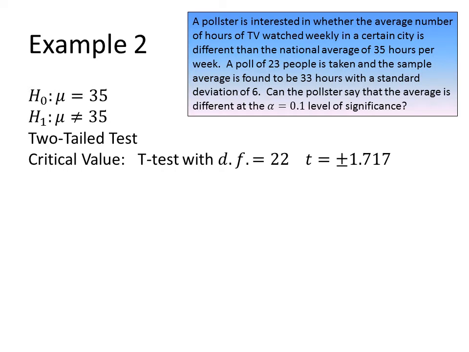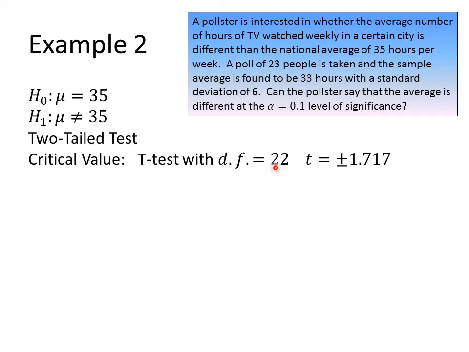Now, using this information, since it's a two-tailed test and the alpha level is 0.1, we need to divide that into 2. That is, we need to consider alpha divided by 2, which is 0.05. Since we have a small sample, we're going to look at the t-distribution with 22 degrees of freedom.